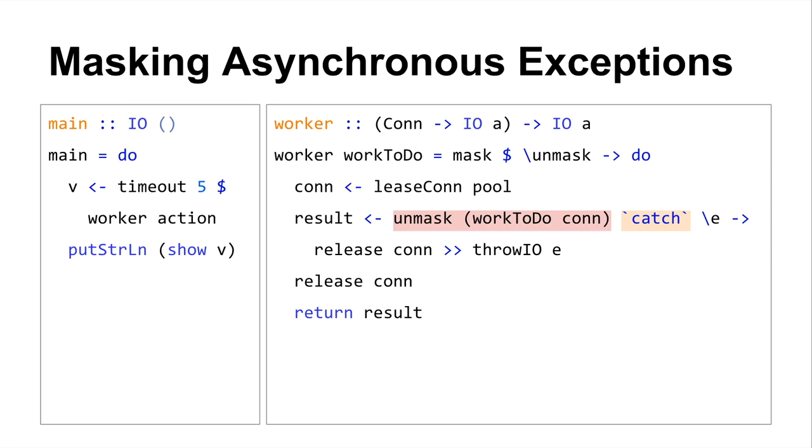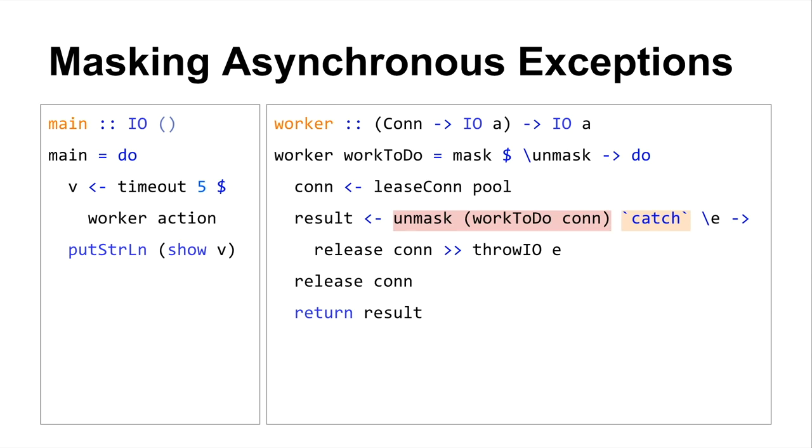Mask only prevents asynchronous exceptions from being observed, right? Not synchronous. So catch handles both, but mask is only asynchronous. That's a good question. How would a synchronous exception interact with mask?